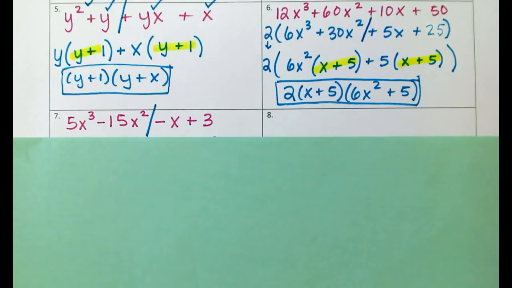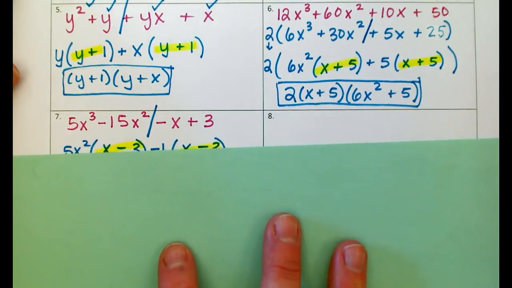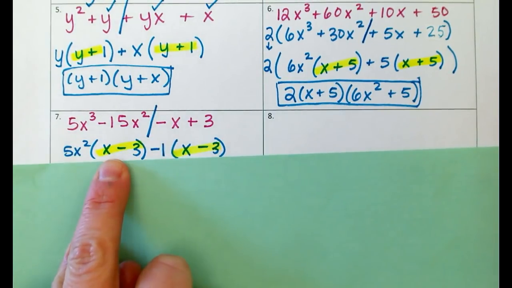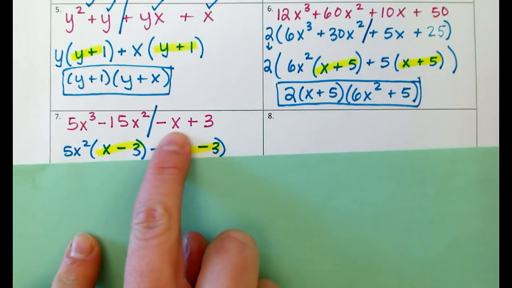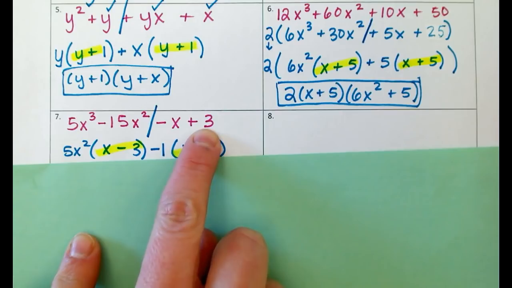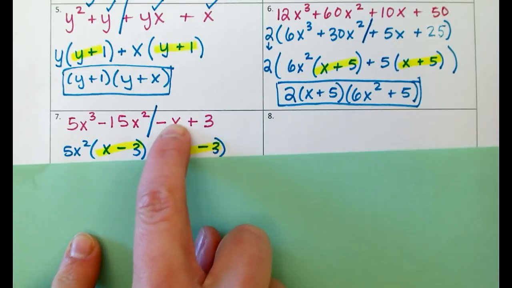All right, I split this problem up in half, and I noticed between my first 2 terms, I had 5x squared in common. So I factored out 5x squared from the first terms, and I was left with x minus 3. My second term was very close to x minus 3, and they had no numbers in common.